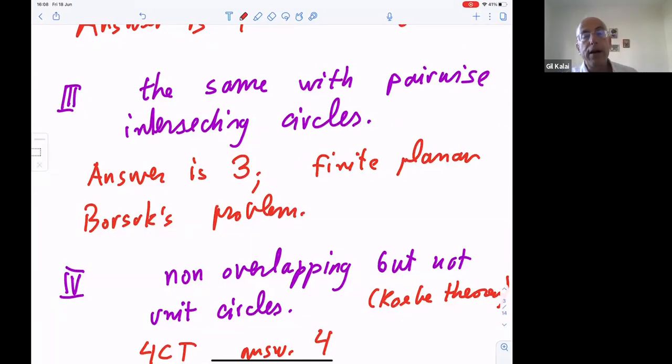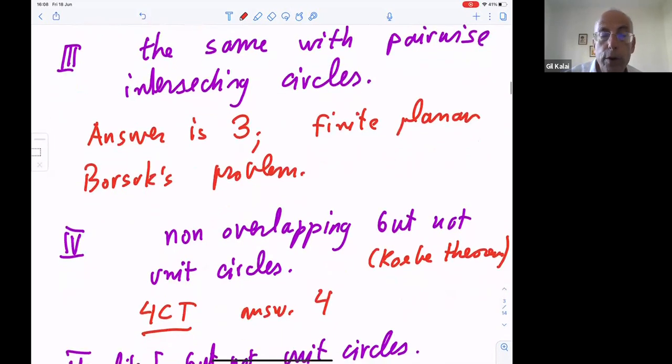We describe a graph where the vertices correspond to the circles and two vertices are adjacent if the circles are tangent. In this case, it's easy to see that every such graph is planar, and there is a theorem by Koebe that every planar graph can be realized in this way.